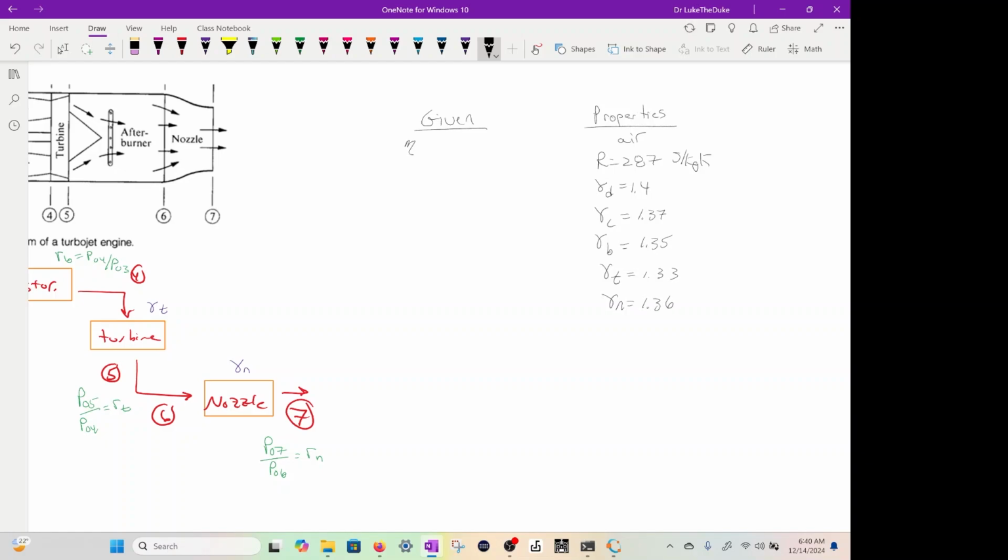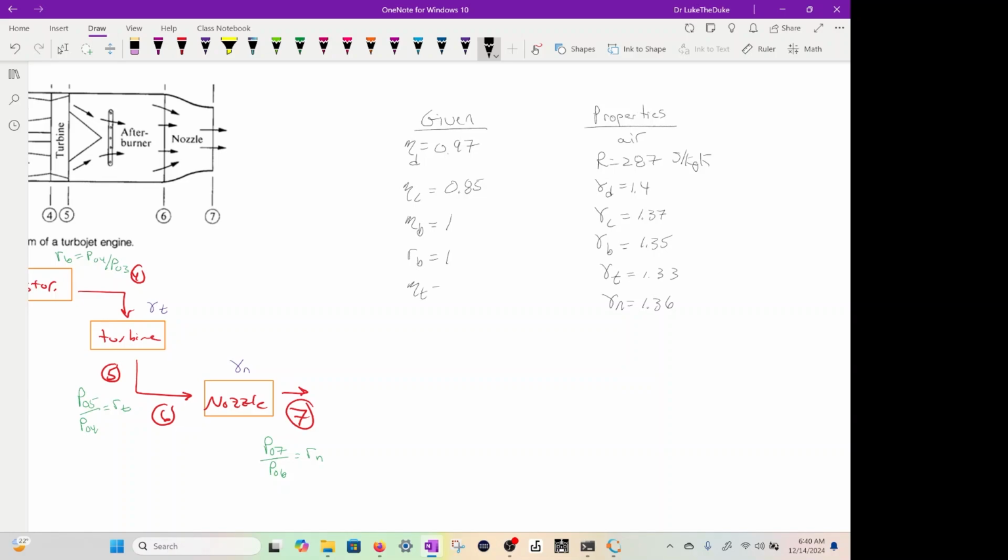Now these adiabatic efficiencies: the diffuser 0.97, the compressor 0.85, efficiency of the combustion process, we're going to just assume 1. RB, we're going to assume 1.